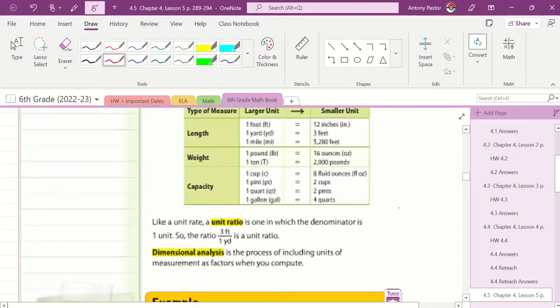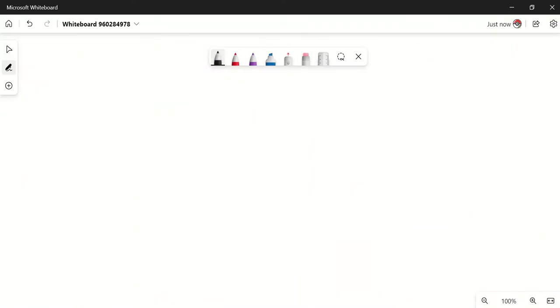So when you convert a larger unit of measurement into a smaller unit of measurement, we usually set these up with a unit ratio. So let's convert pounds to ounces to illustrate this procedure. Let's say I'm going to pick 3 pounds. I want to find out how many ounces 3 pounds equals.